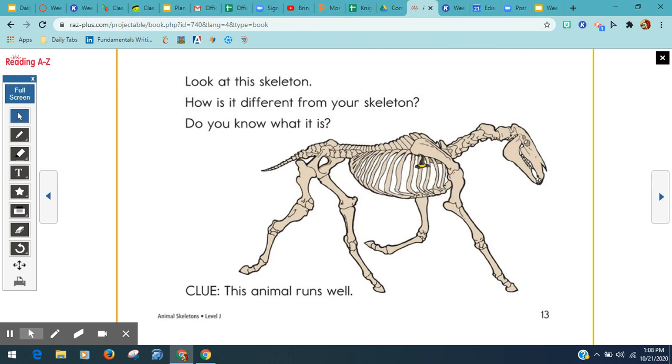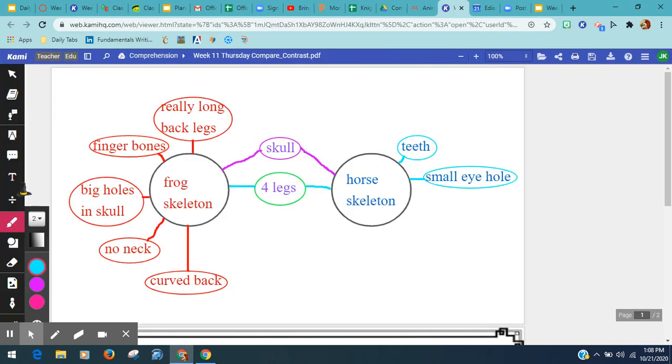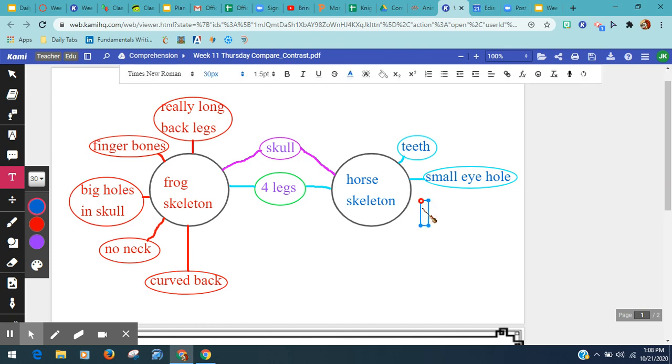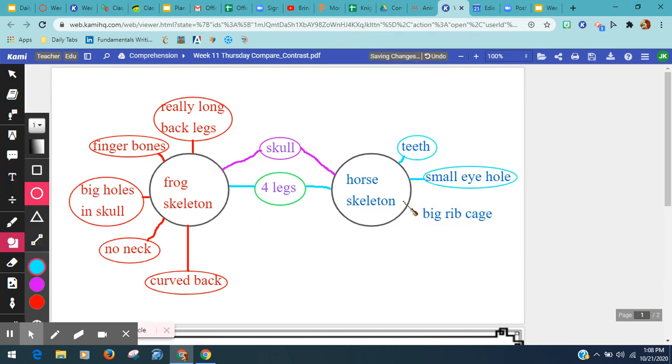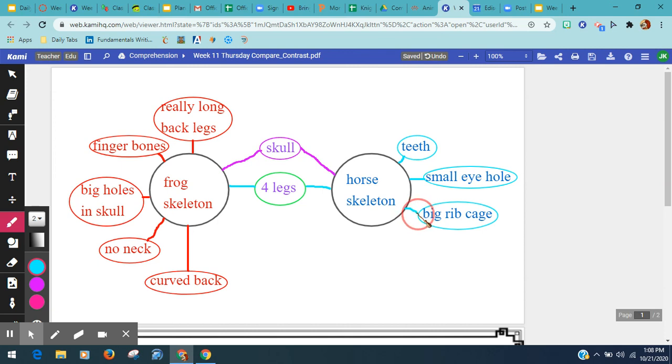So we're going to write really big rib cage, and also straight back and a tail. So let's add those things. Rib cage, a big one. I'm going to write big rib cage. Let's bubble that. Let's connect it to our horse.